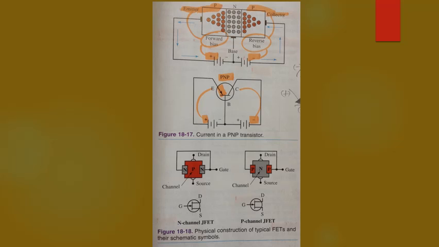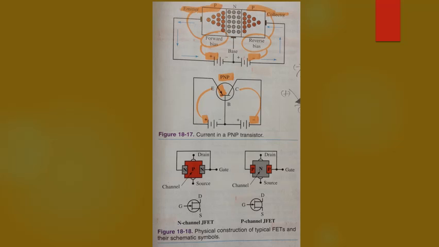Field effect transistor, or FET. The major difference between bipolar junction transistors and field effect transistors is that the BJT is a current device and the FET is a voltage device. The current through the collector emitter circuit of a BJT is controlled by the amount of current in the base emitter circuit.